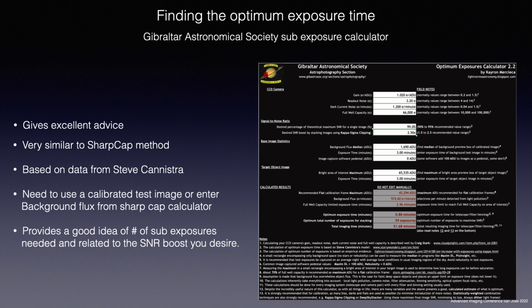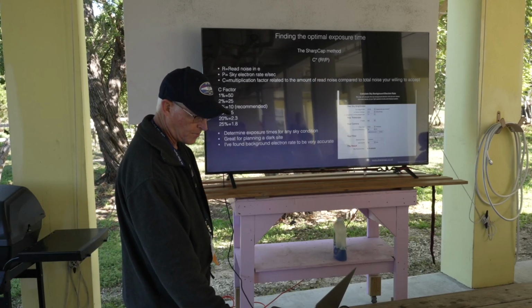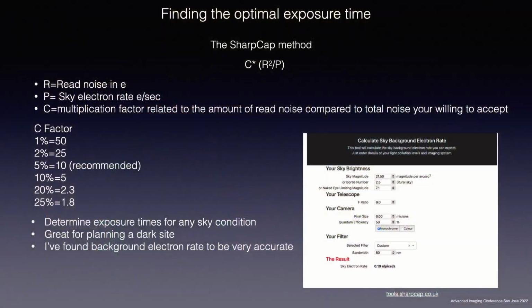So these are interesting methods to determine what your sub-exposure time should be. I've done it multiple ways before, and this is by far the easiest, and you come up with the same answer.